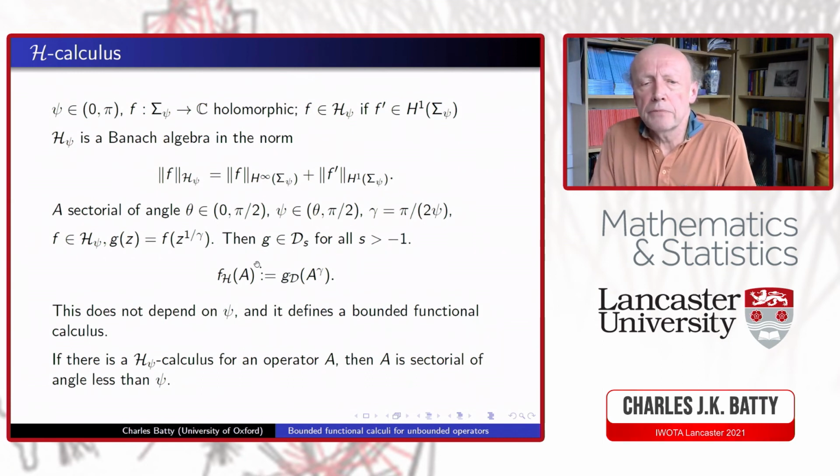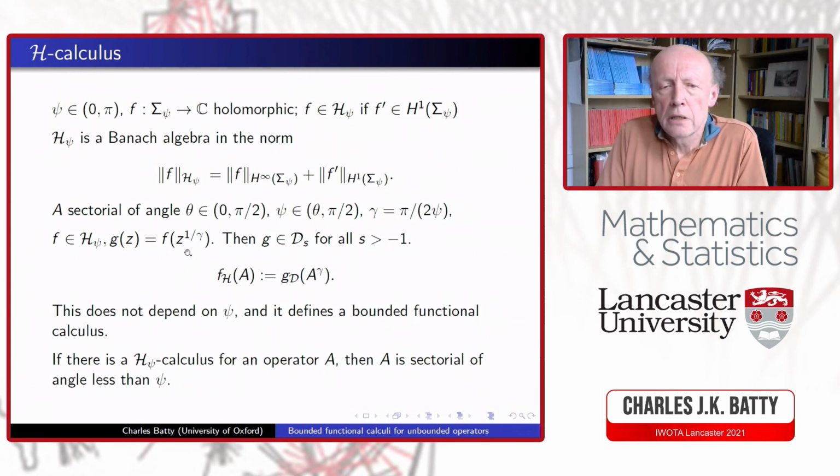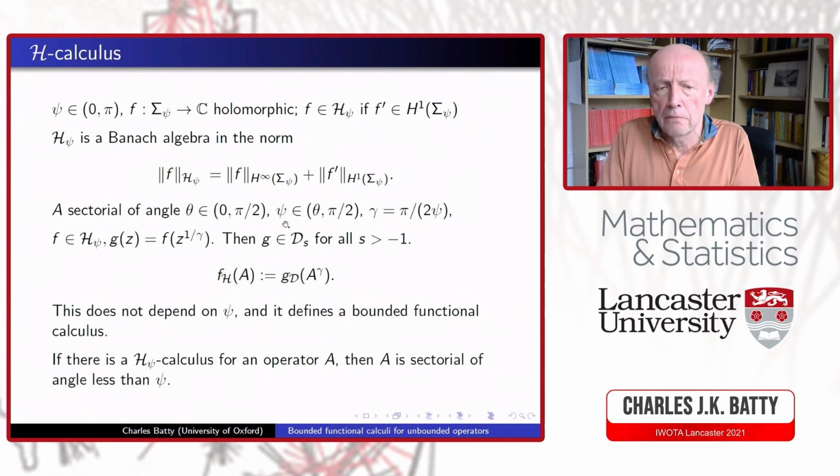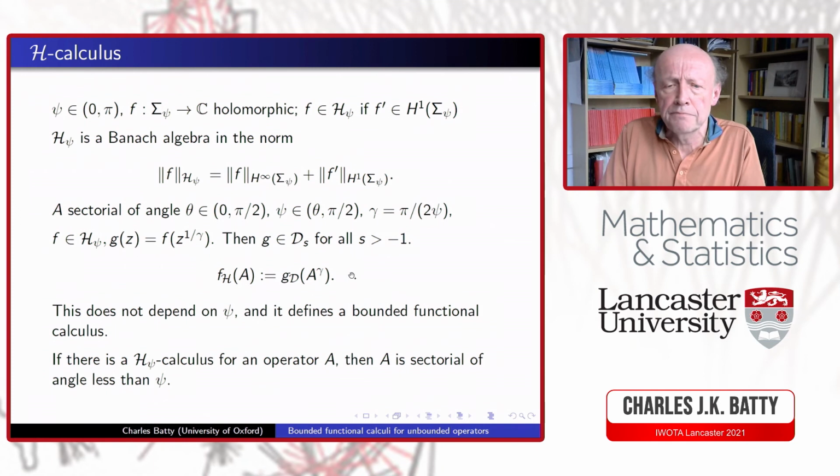And then using fractional powers, you can convert f to a function g, which is in the D_s spaces for all s. And then you can define f(A) to be g(A) times D of A to the gamma. Again, this doesn't depend on the choice of psi, which affects the value of gamma.